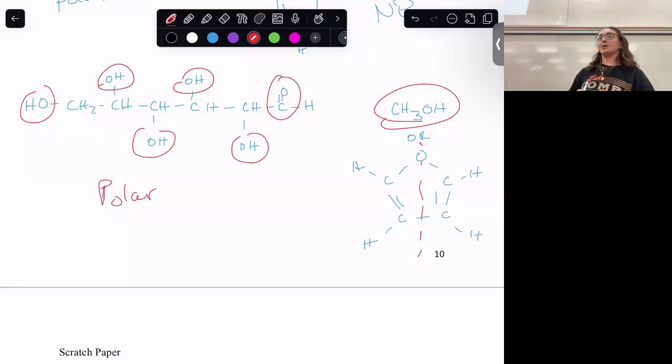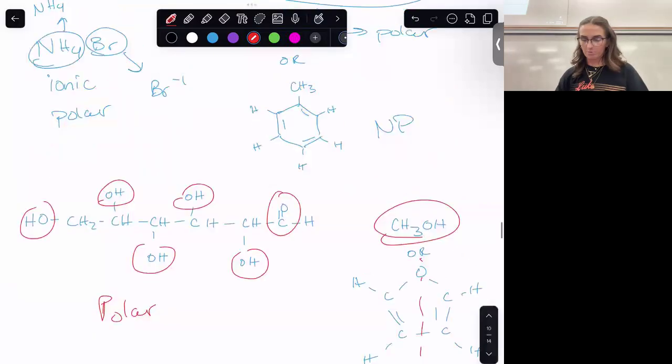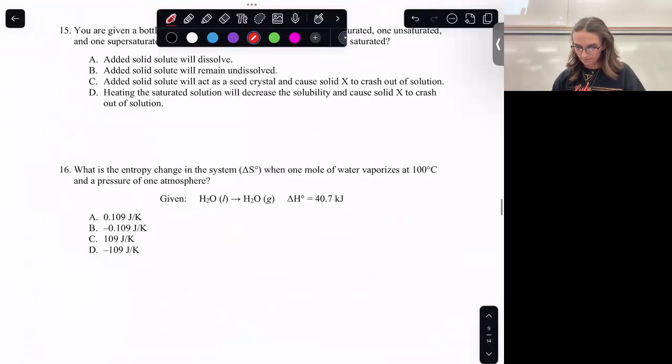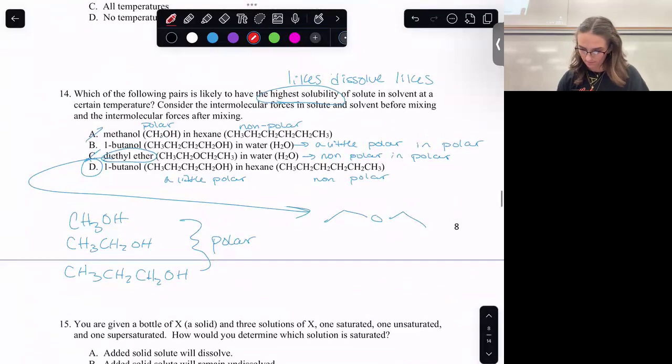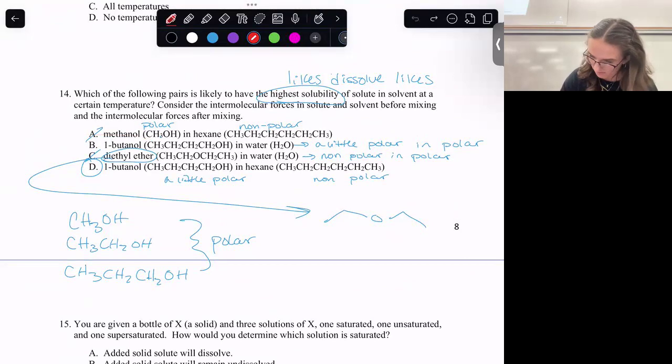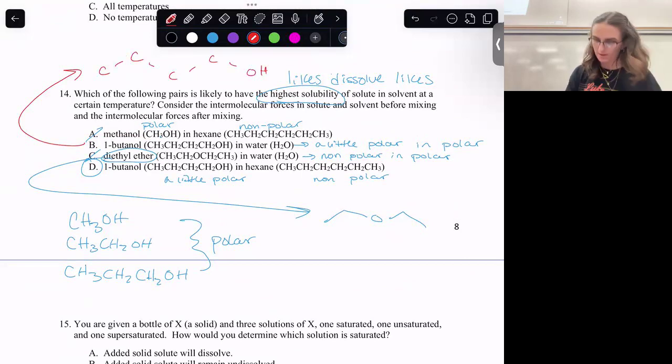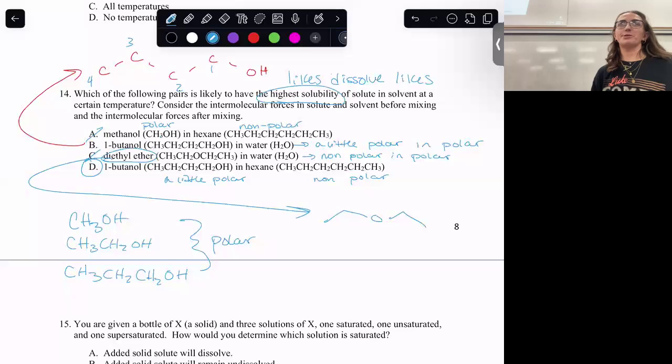That's a naming thing. So when we look at 1-butanol, you can label this as 1, 2, 3, 4. So it's just telling you that the OH is on that first carbon, right?